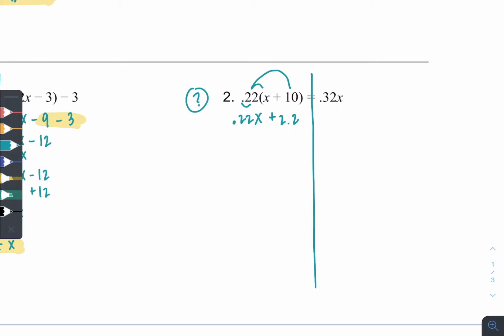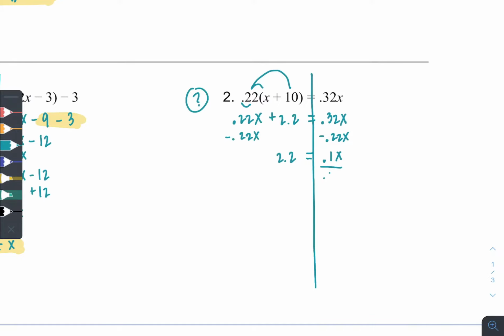You can also plug that into a calculator, equals 0.32x. Next, I want to move my x's to the same side, so I'm going to subtract 0.22x from both sides, and I'm left with 2.2 equals 0.1x.